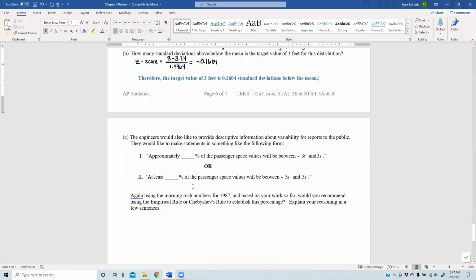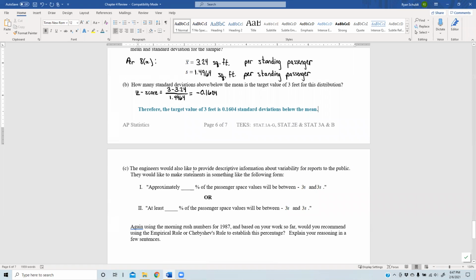Part C. The engineers would also like to provide descriptive information about the variability for reports to the public. They would like to make statements in something like the following form. There are 2 different options.